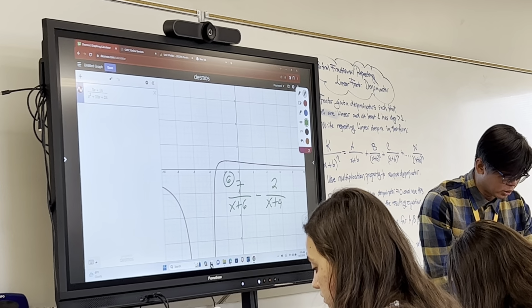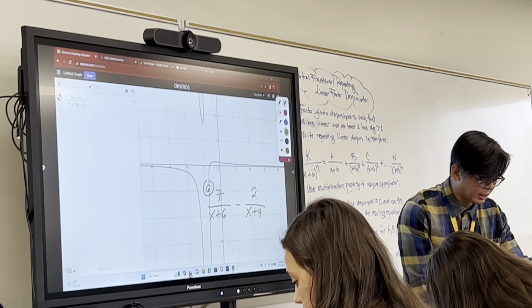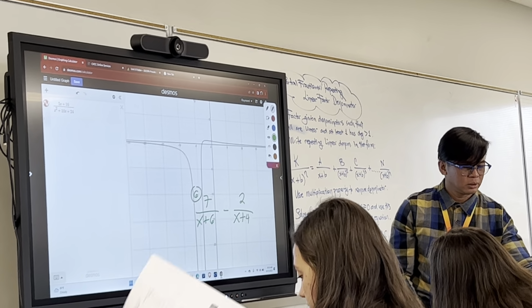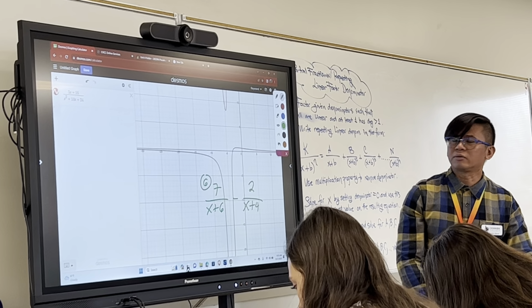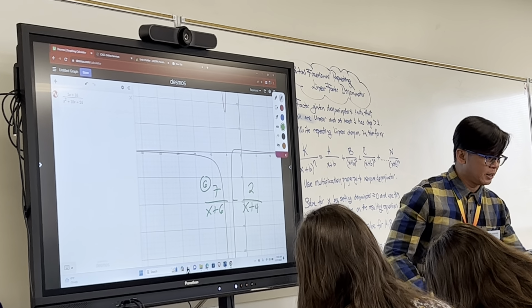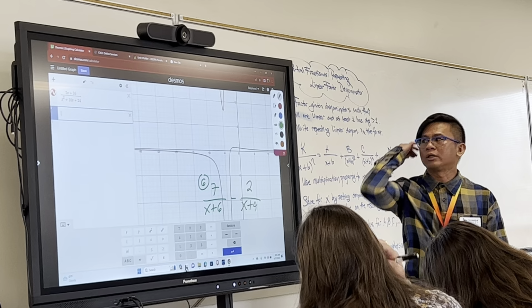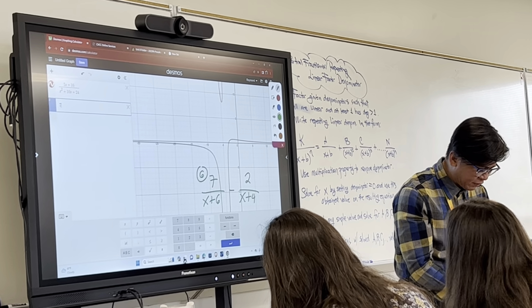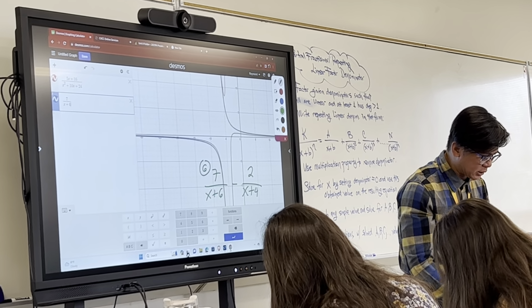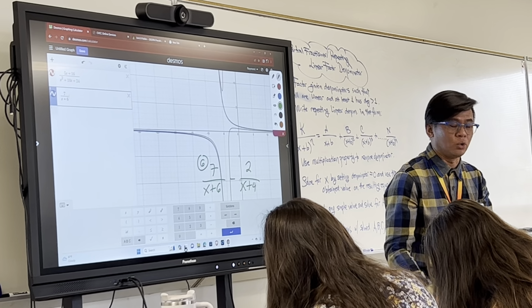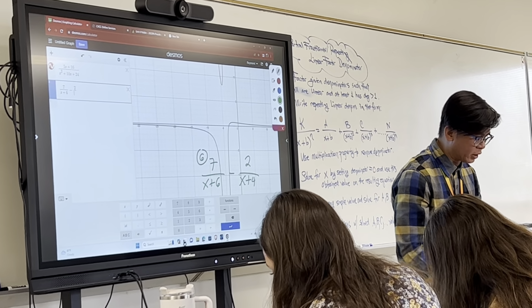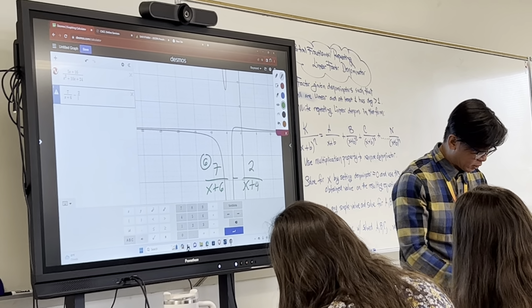Let me just click on home, and see how the graph looks. See that graph, guys? Now, let's put in our answer. What's our answer in here? 7 over x plus 6, and then plus negative 2, which is basically minus 2, over x plus 4.